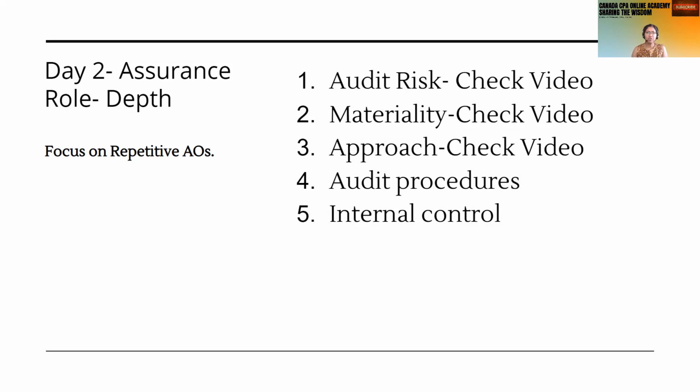I'm talking about the assurance role, but similarly, even if you have performance management or taxation, there are some AOs that keep repeating in every year's day two case. So focus on those AOs, and how you would be able to achieve C. If you have solved some day two cases and got them marked, then debrief those AOs and understand whether you were able to score C or not.